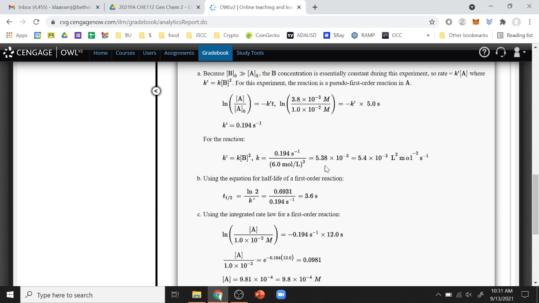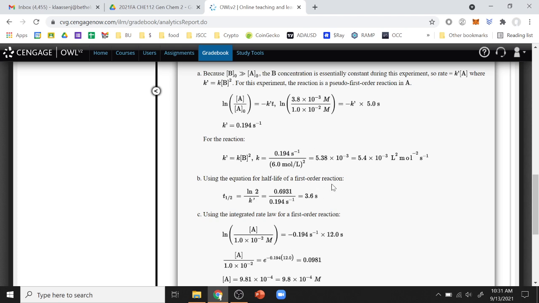All right, so for the reaction, though, we don't want K prime. What do we want? K, right? No prime. And so K prime equals K, which we're going to try to figure out, times B squared. So we can just take some value for B, right? Okay.